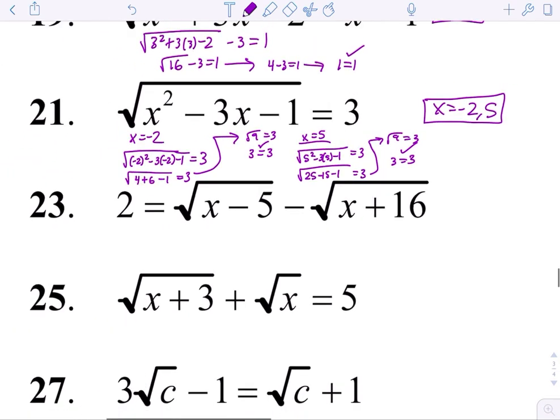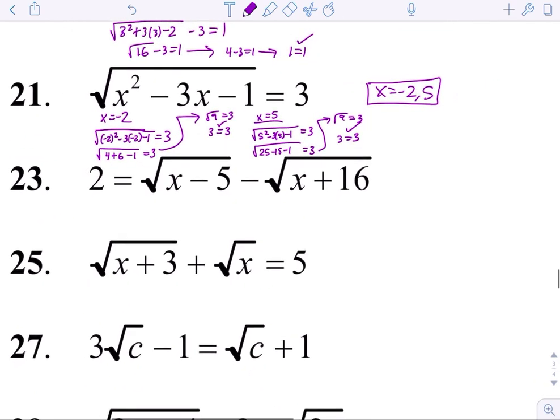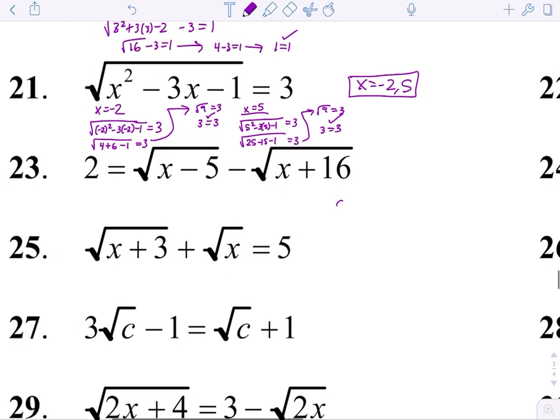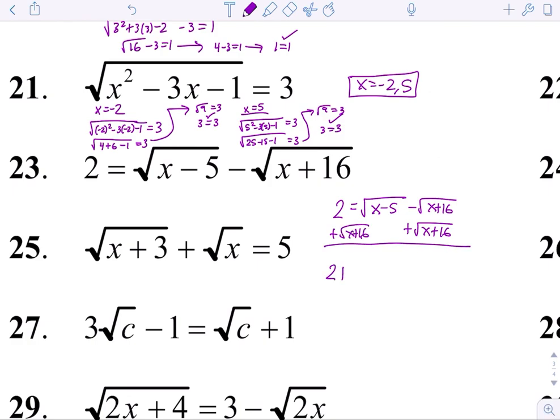So, for 23, we have to isolate one of these. So, we're going to get 2 is equal to the square root of x minus 5 minus the square root of x plus 16. I'm going to add this to both sides. 2 plus the square root of x plus 16 is equal to the square root of x minus 5.